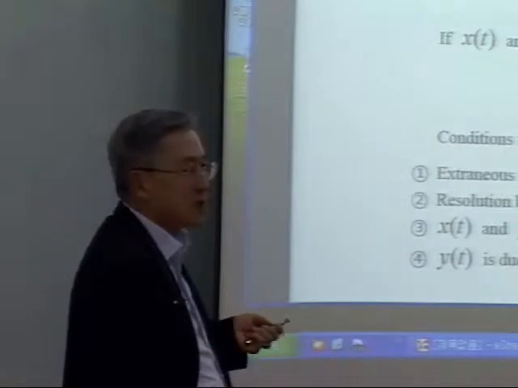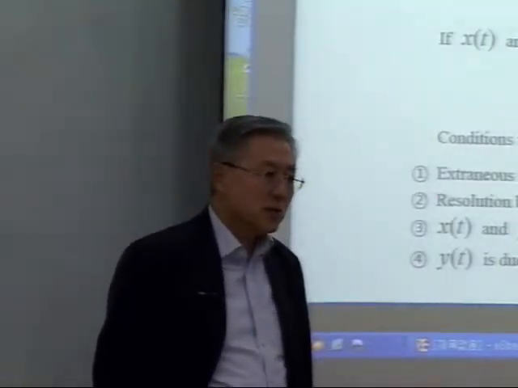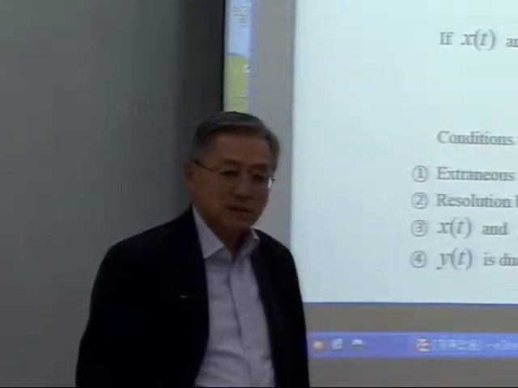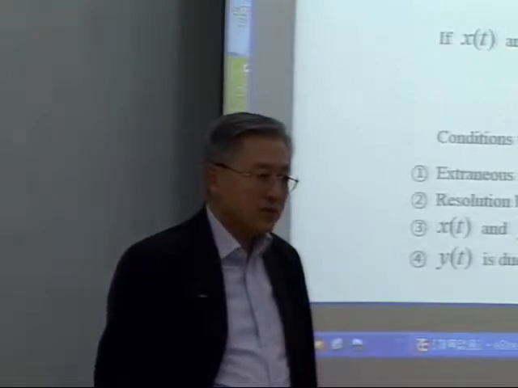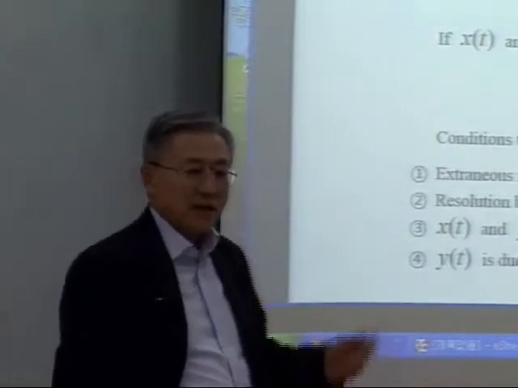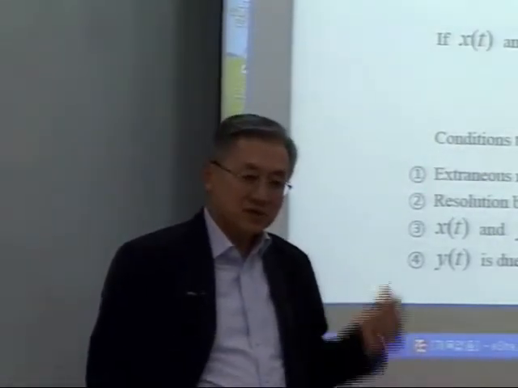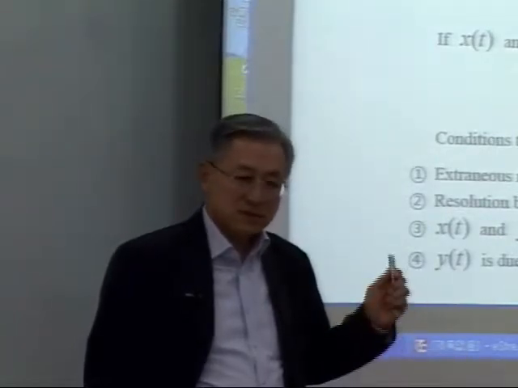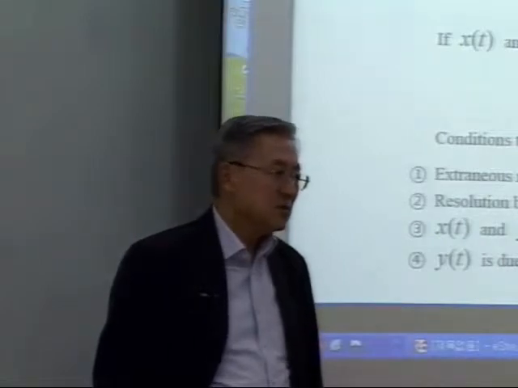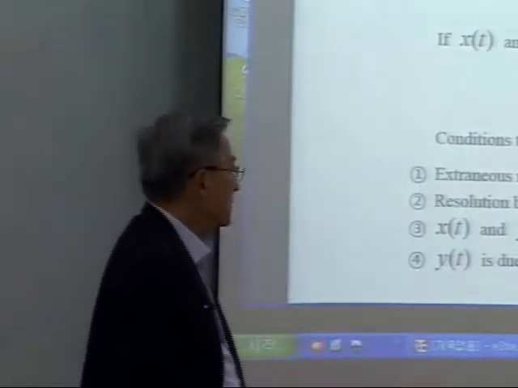So if it's uncorrelated, the cross-spectral density function Gxy has to be equal to 0. No boys, no child. x and y have nothing to do with each other. Then the cross-spectral density function Gxy is equal to 0. That's what we already covered.